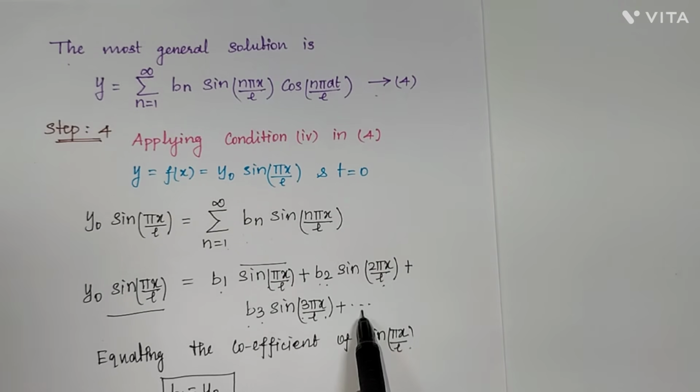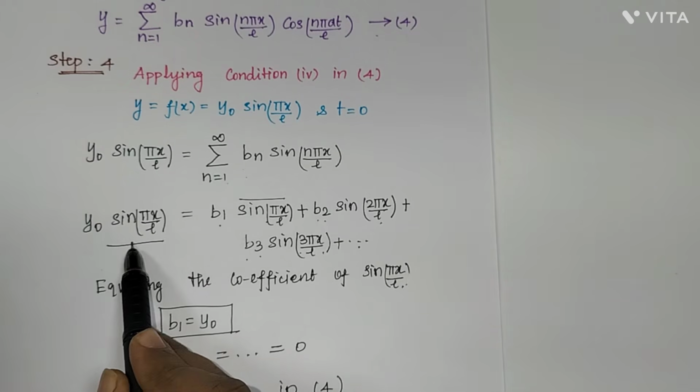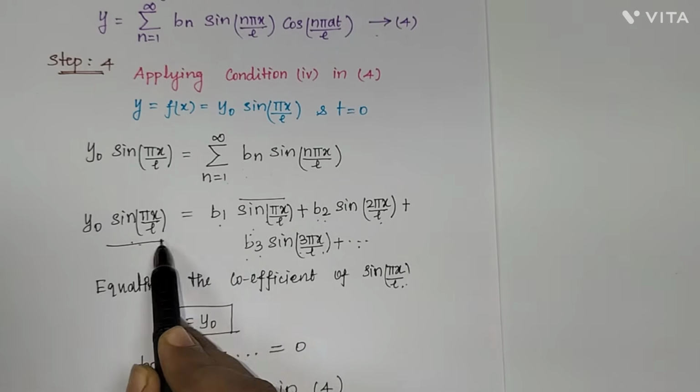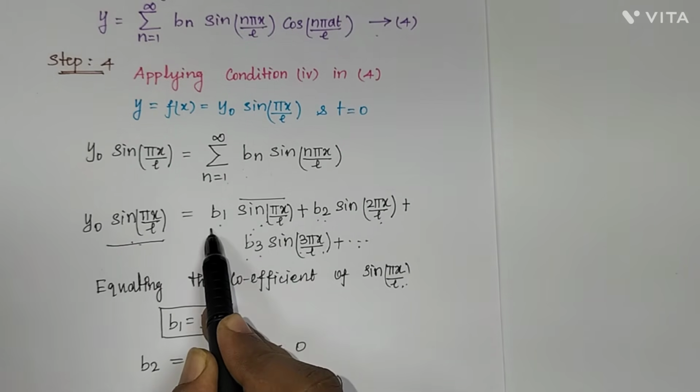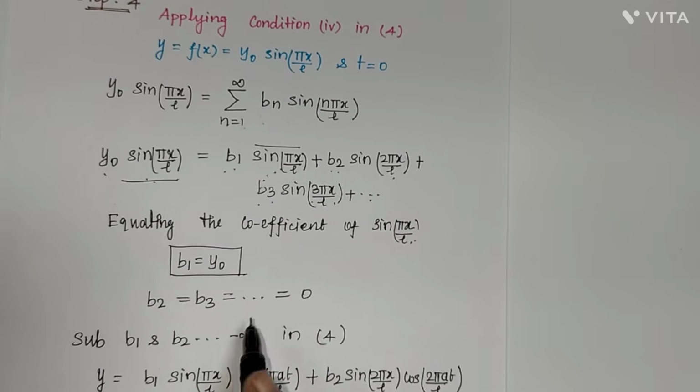Similarly we can continue for an infinite number of terms. Now I equate the coefficients of sin(pi x by L) on both sides. The left hand side has one term, and the right hand side also has one term. So equating the coefficient of sin(pi x by L), I get b1 equal to y naught. All the remaining constants b2, b3, b4 are 0.